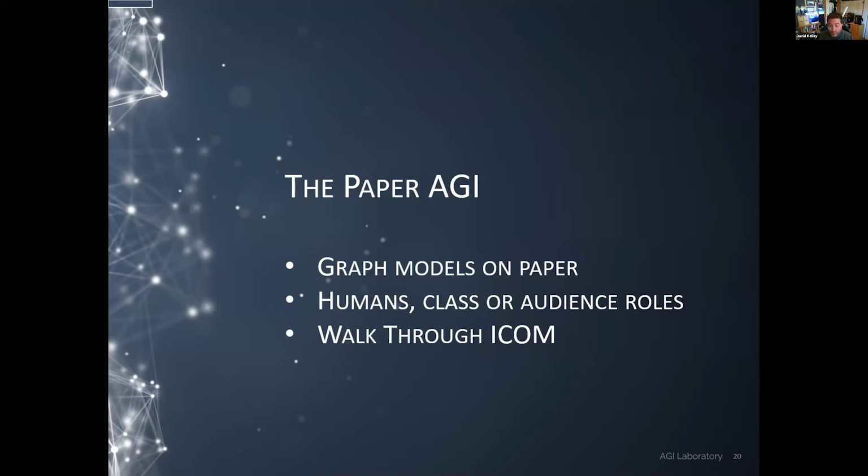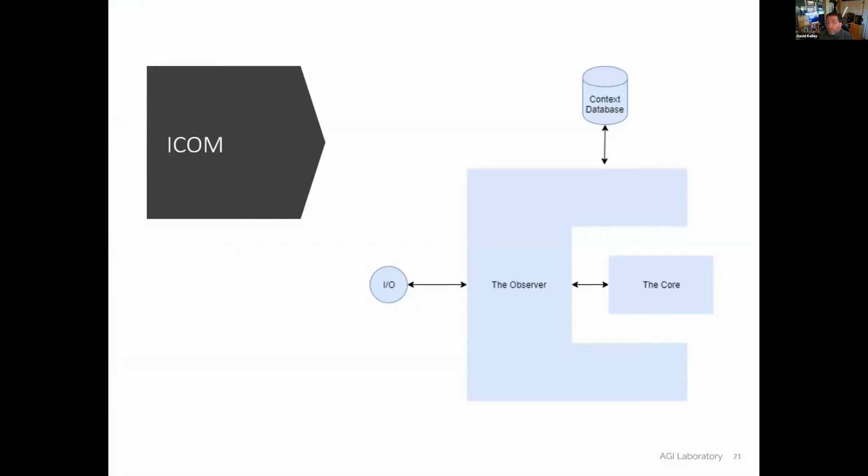Basically, you're building the quote unquote AGI based on a cognitive architecture where all the pieces are the audience or students or people in the room, and then you're using these pieces of paper and actually doing the experiment. The paper AGI is really trying to implement ICOM.